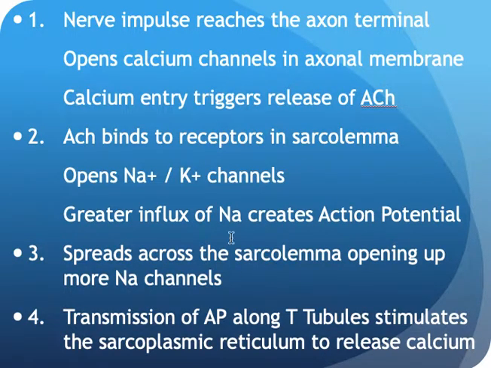This is an important page to work through each of the steps: nerve impulse, open my calcium channels, release my acetylcholine, spread this action potential along the sarcolemma, down the T-tubule, into the sarcoplasmic reticulum, which stores calcium and is the part that's going to release that calcium for me. So get this part down, know all the little steps, and then we're just going to add on the last part, which is the cross bridges and the sliding.